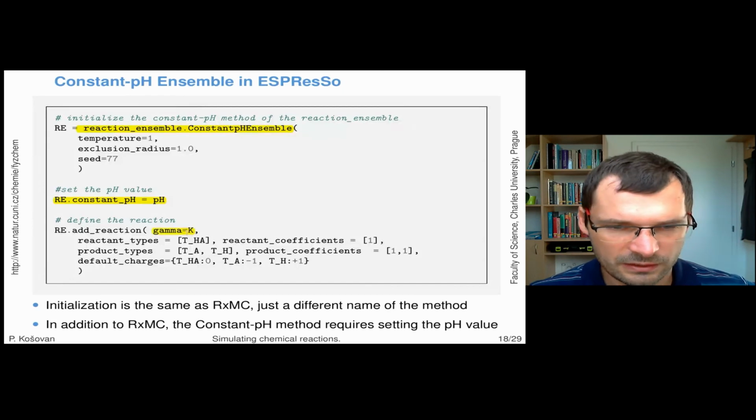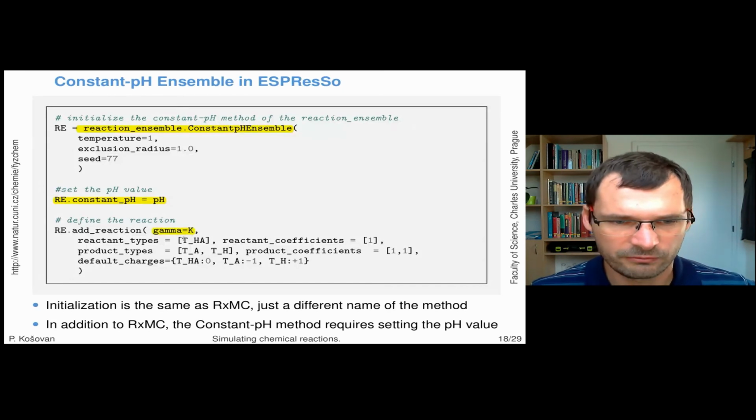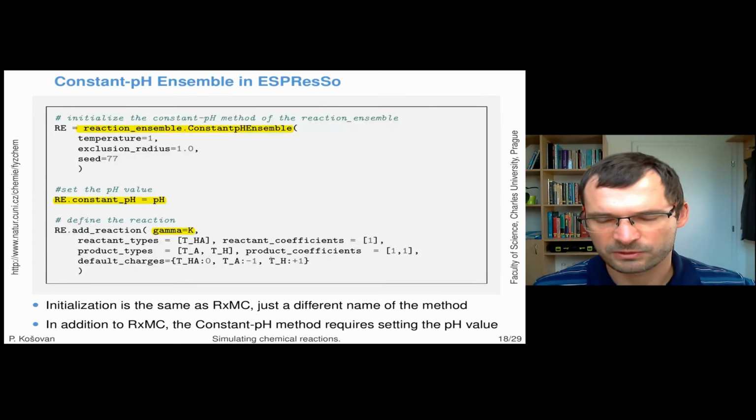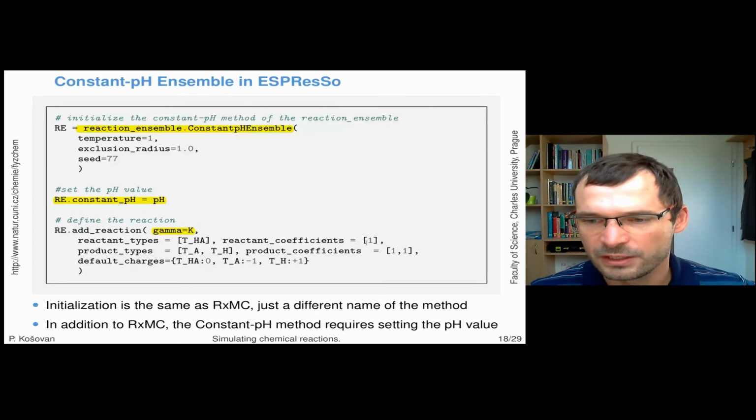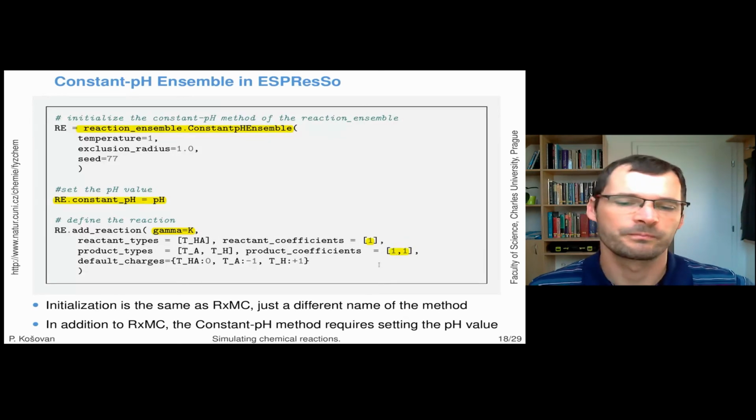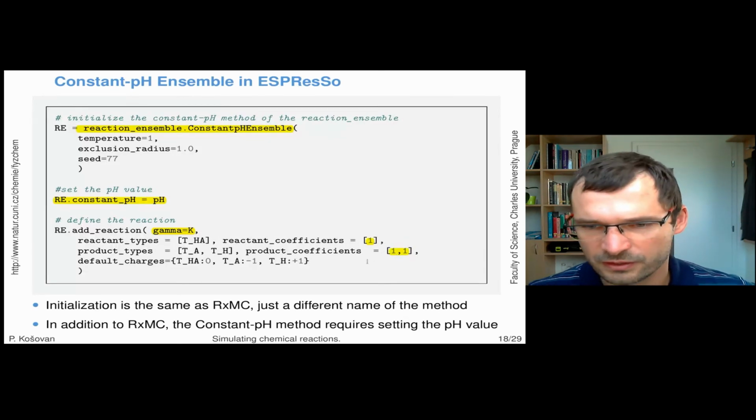Again, I set the equilibrium constant. I provide the types of reactants and types of products. However, here only one possible combination of stoichiometric coefficients is allowed.